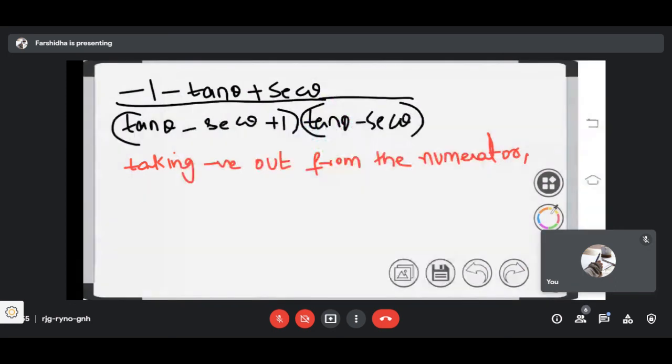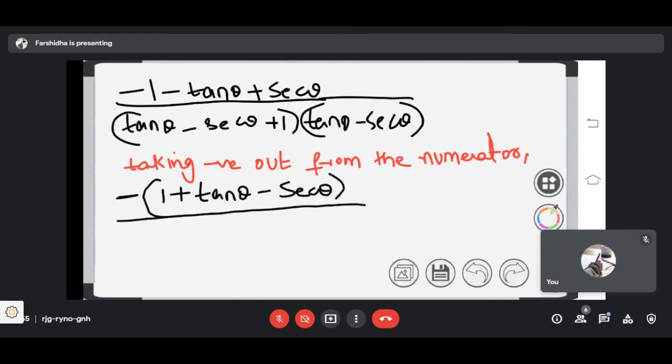So when I take negative out, minus 1 will be plus 1. Minus tan theta will be plus tan theta. Plus sec theta will be minus sec theta, divided by same thing, tan theta.